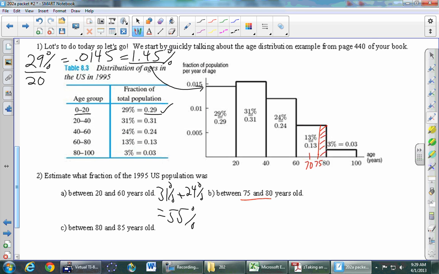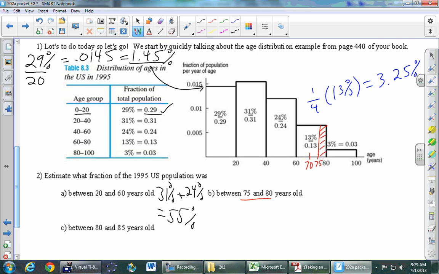Yeah, so we can do a quarter of it. That's kind of the quick way. We can do a quarter of the 13%. So what do we get here? Is that 3 1/4? 3.25%. We could do a little bit more work and figure out if that 13% is cut into 20 equal pieces, and then how many of those pieces are we interested in?